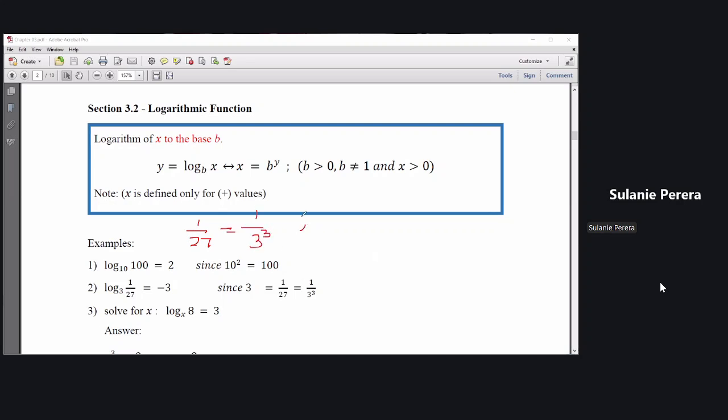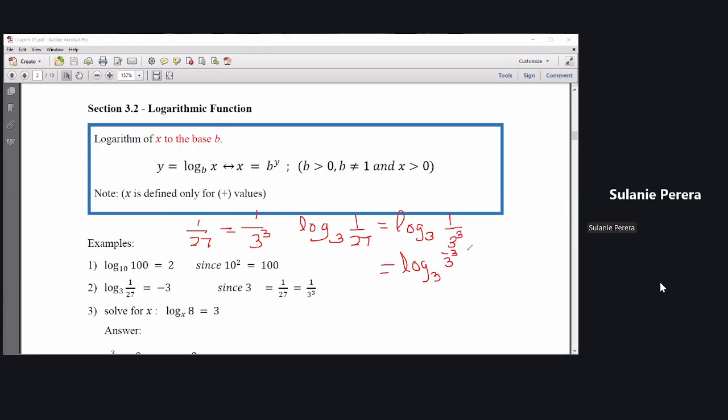So log base 3 of 1 over 27 can be written as log base 3 of 1 over 3 to the 3. So this can be written as log base 3 of 3 to the minus 3.